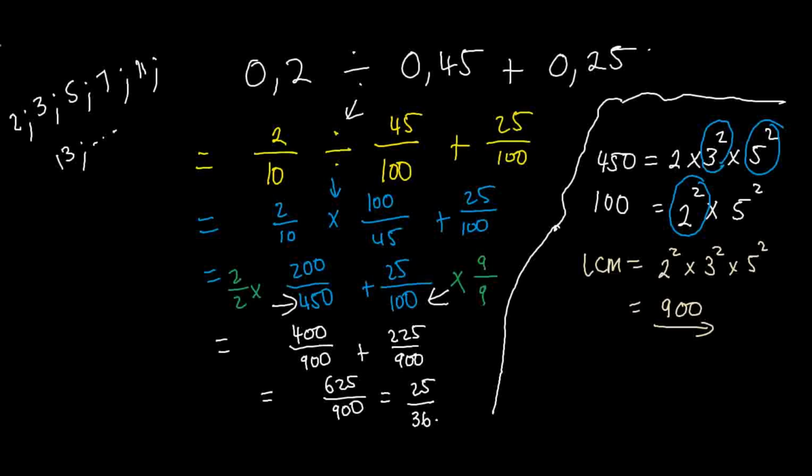And just to show you what I mean by the last statement I made, let me show you an example of that. Let's say we have 0.25, and we multiply that by 0.4, just as an example.